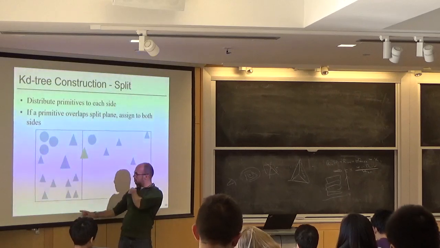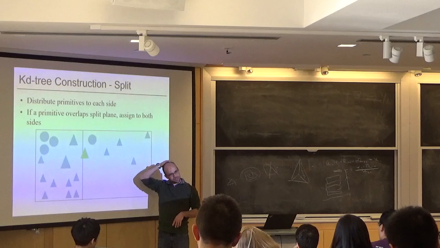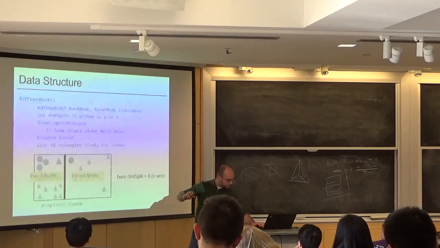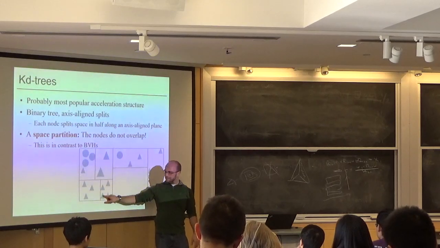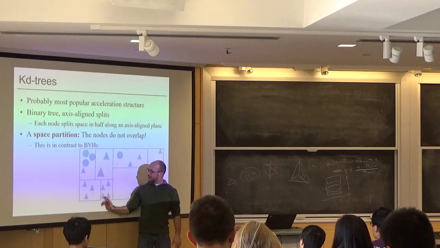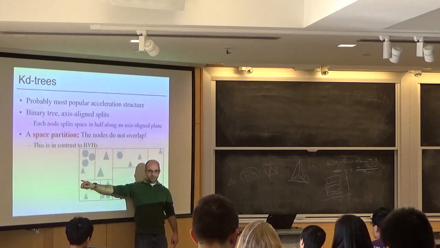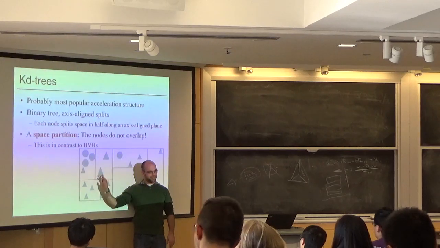You could put a box just because your scene is bounded, but that's not typically what you do. So why is there a box here? Well, the reality is that this plane is going all the way up and down, but I've already recursed on this plane here, so I know that there's nothing above this thing. So implicitly it's a box, but from the tree's perspective, it's just a plane.